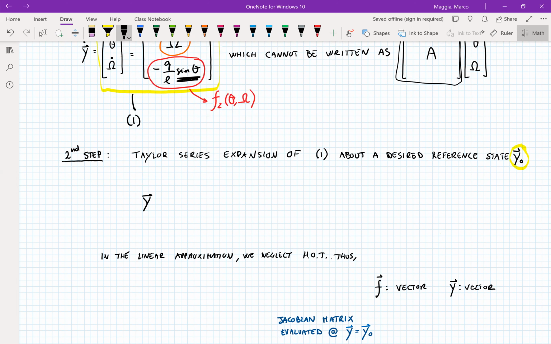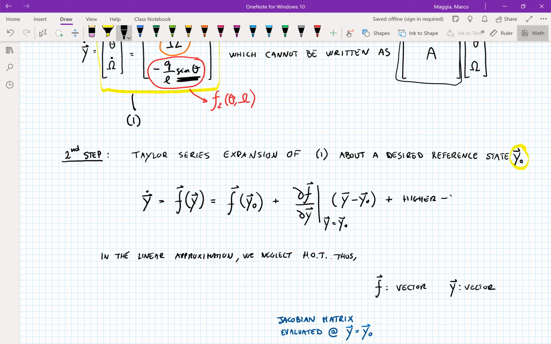Our y dot, that is f of y, is equal to the function evaluated at the reference state, plus the first derivative of f with respect to y evaluated at our reference point, times y minus y naught, plus all the higher order terms, or HOT.